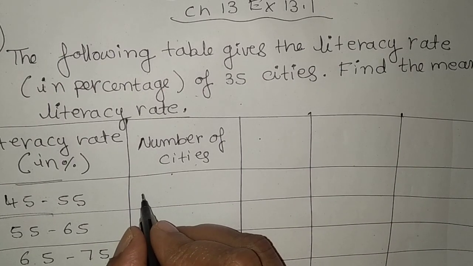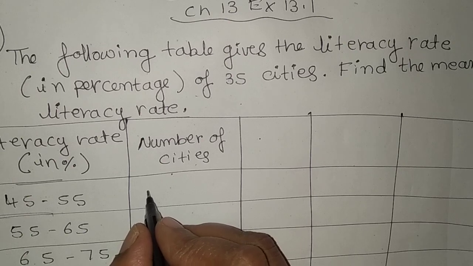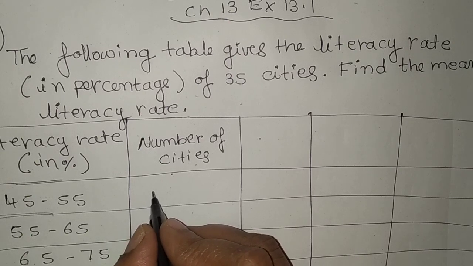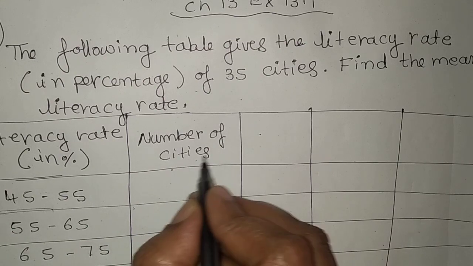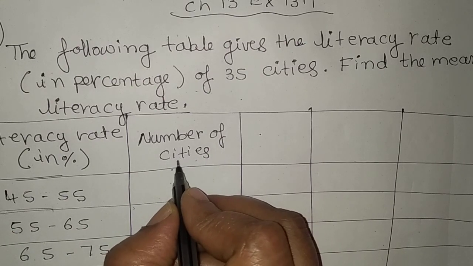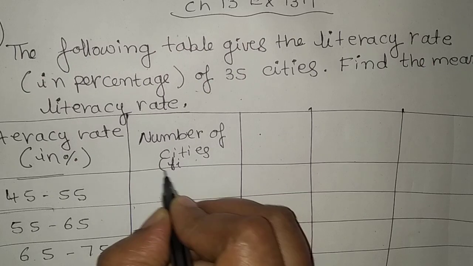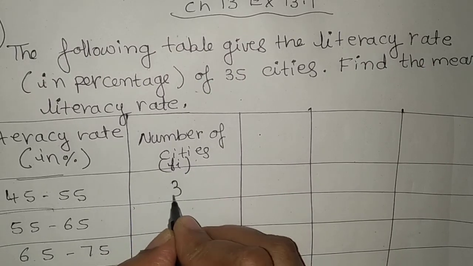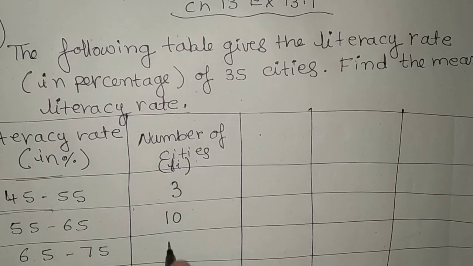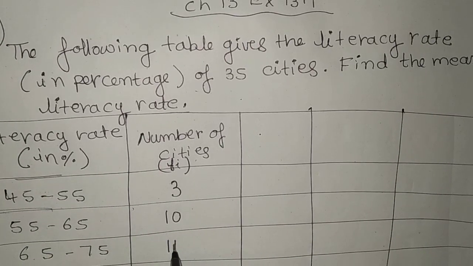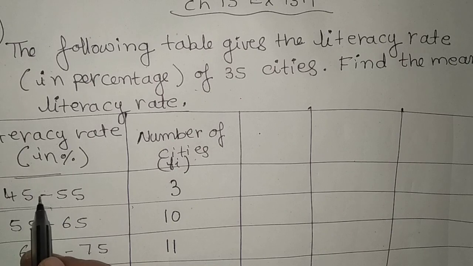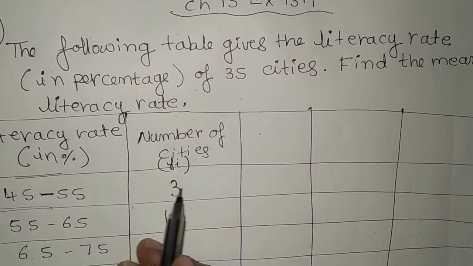Therefore, this is the data: literacy rate, and number of towns or cities will be fi. Therefore 3, they have given 10, and literacy rate 45 to 55. Literacy rate means people who are educated.